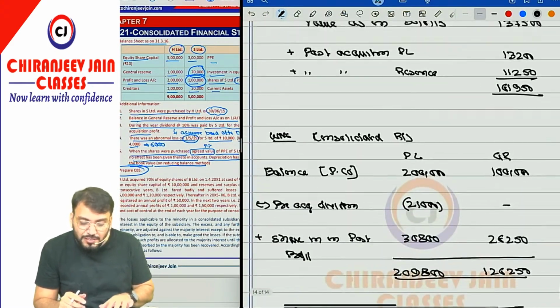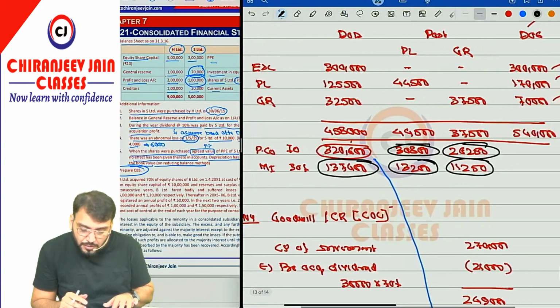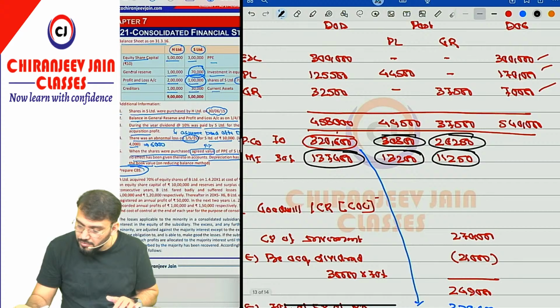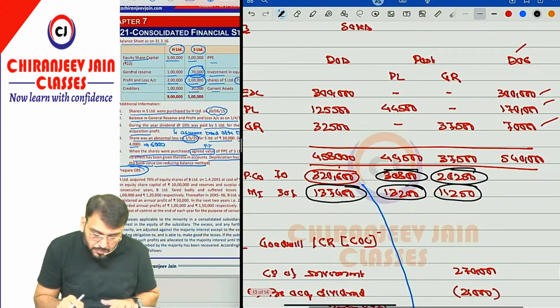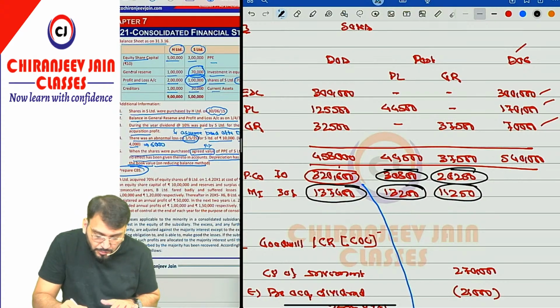That is 1,61,950. Plus. It was 37,500, no?